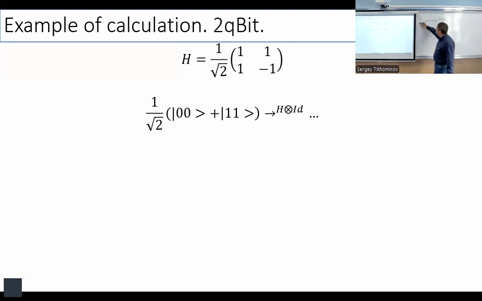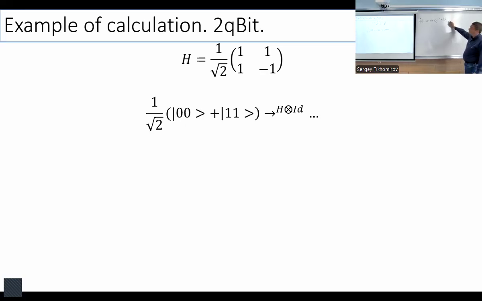1 over square root of 2. Yes, 0,0 should be 0 tensor product 0.